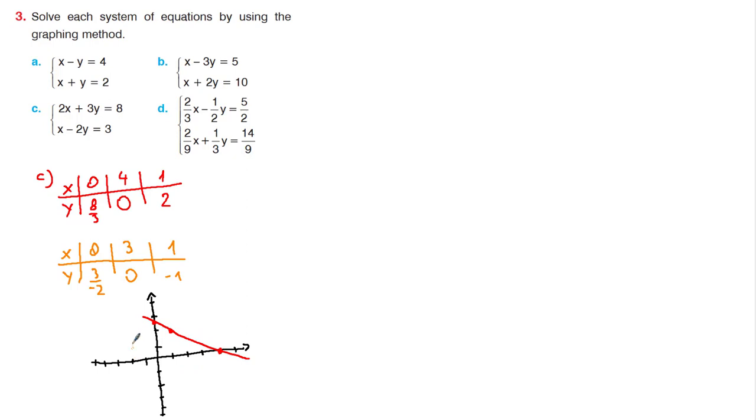And let's check for the second point. If x is 0, y is negative 0.5. Here, if x is 3, y is 0, and if x is 1, y is negative 1.